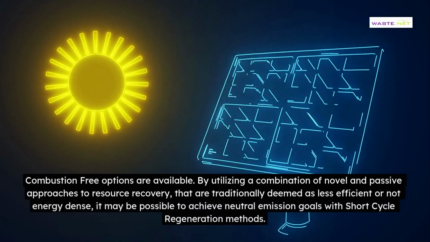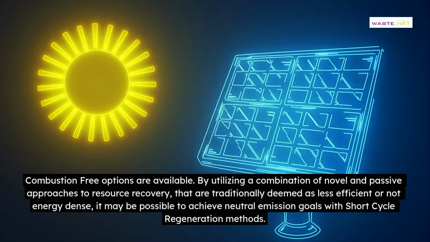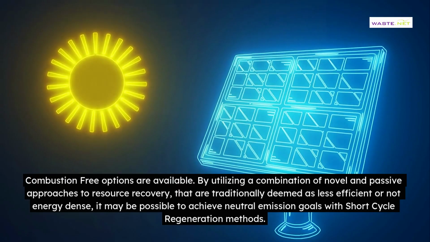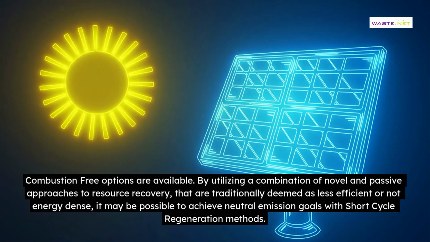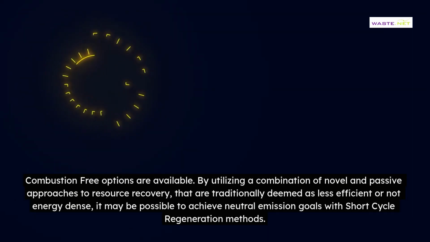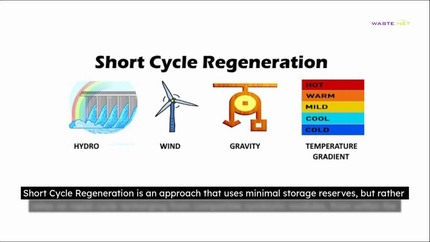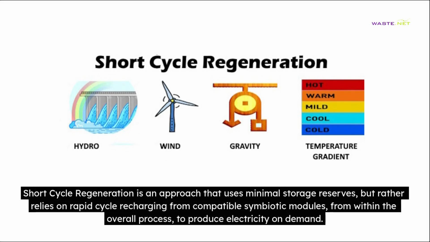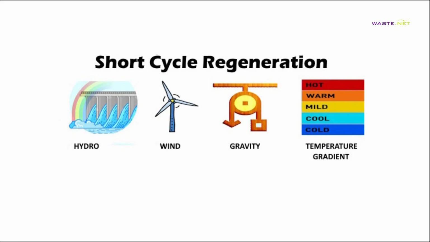By utilizing a combination of novel and passive approaches to resource recovery, that are traditionally deemed as less efficient or not energy dense, it may be possible to achieve neutral emission goals with short-cycle regeneration methods. Short-cycle regeneration is an approach that uses minimal storage reserves, but rather relies on rapid-cycle recharging from compatible symbiotic modules, from within the overall process, to produce electricity on demand.